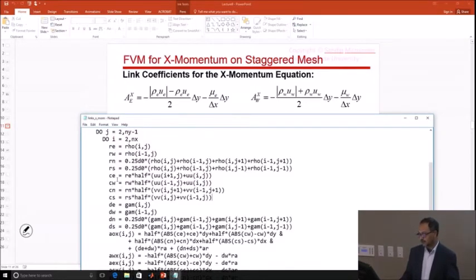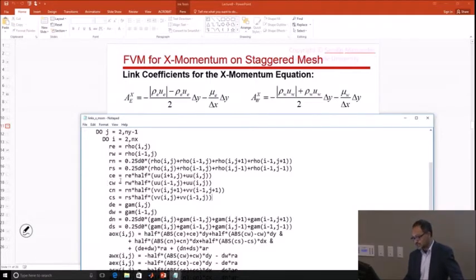Then it is calculating the C east, C west, C north, C south. Rho times U is what I'm calling C. Some people use it for convective link, but that's what that is. Because we can't use A E, which we are using for something else, that's why they call it C E.